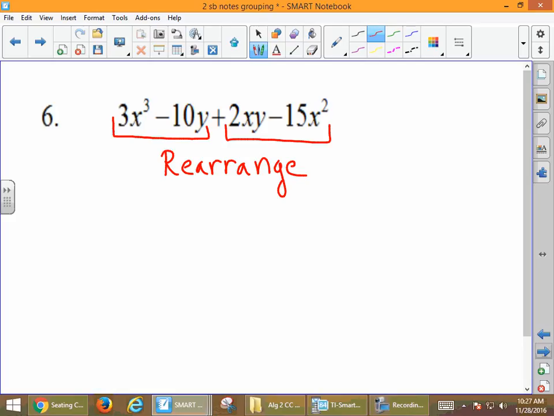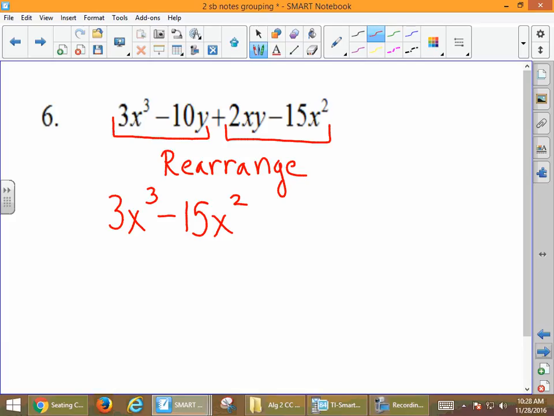It's called descending order when we rearrange. And we start, first of all, with the 3x cubed. I started with that value because x cubed, 3, is the highest exponent on the x. Then we're going to descend, which means that we're going to get smaller. And so the next term is going to be minus 15x squared, because x squared is smaller than x cubed.